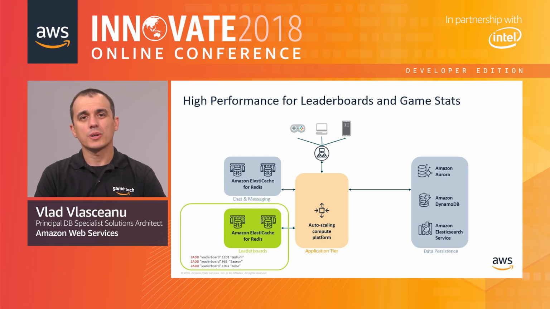So, going back to my statement previously where we said that gaming workloads are typically read heavy, it's much more efficient to do the sorting on insert than on read when you have to read that thousands of times. And because the in-memory retrieval is really, really fast, Redis becomes a really good place to store any sort of game statistics or leaderboards.